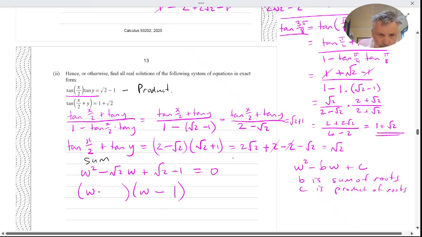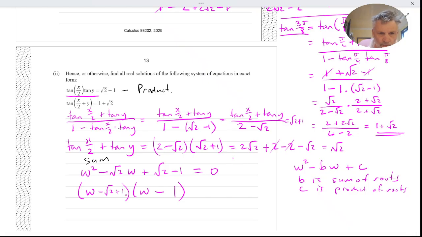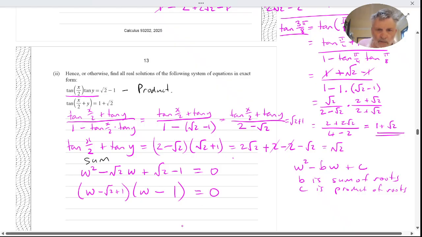It'll be minus root 2 plus 1. Does that work? 1w minus 1w and minus root 2. Yep, that works. So this will be our factorization.